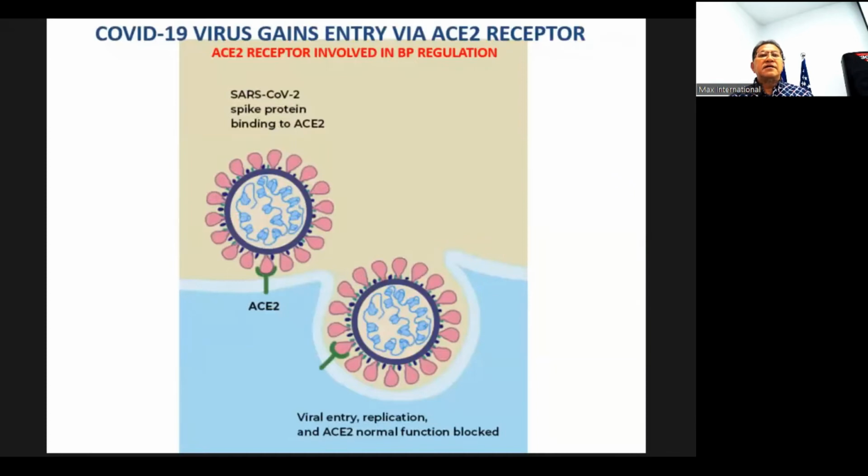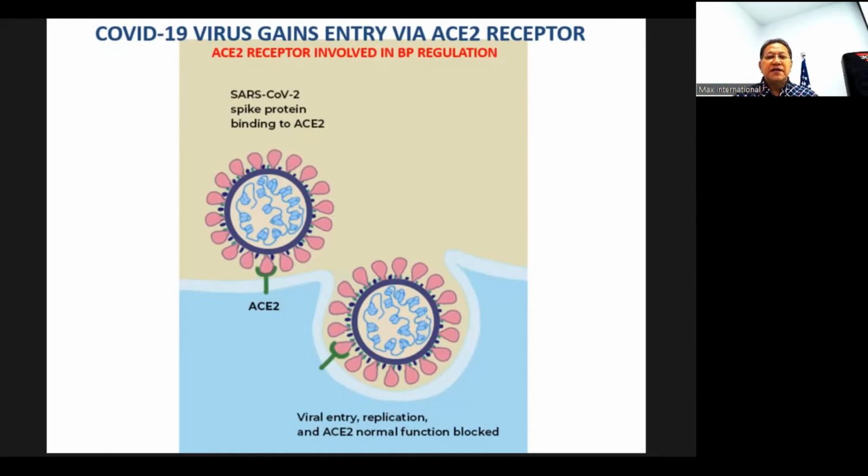By the way, even the COVID-19 virus, SARS-CoV-2, just easier to say COVID-19 virus. The virus gains entry via ACE2 receptors, and ACE2 receptors are actually involved in blood pressure regulation, and present in many tissues. But somehow the virus uses that receptor, tricks the body to gain entry.